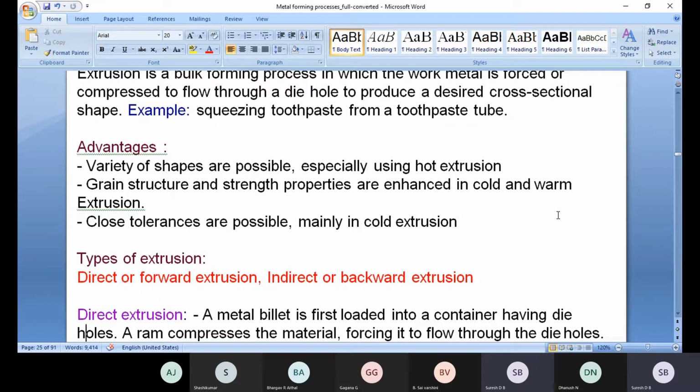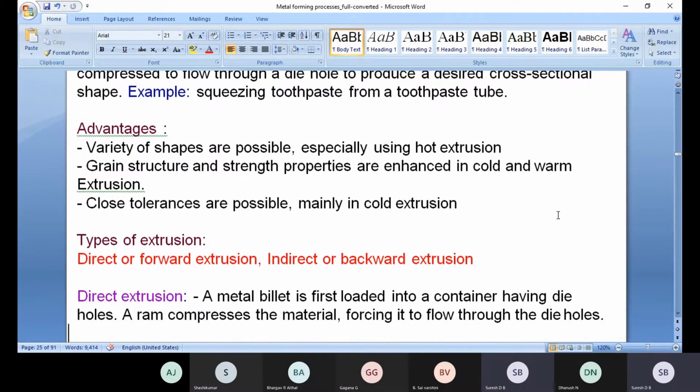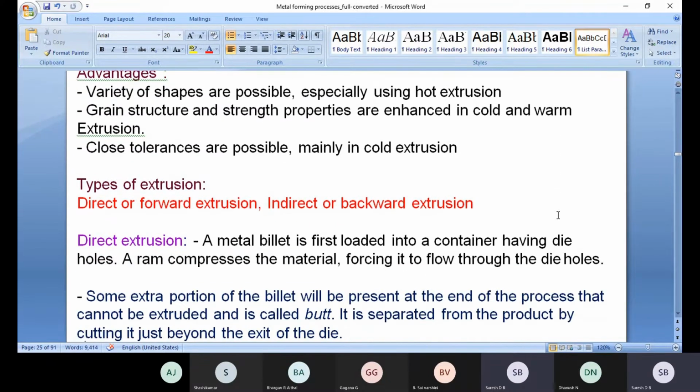Grain structure and strength properties are enhanced in cold and warm extrusion. You can regain the properties of the material and the grain structure, and close tolerance can be maintained in cold extrusion. These are the advantages of the extrusion process.